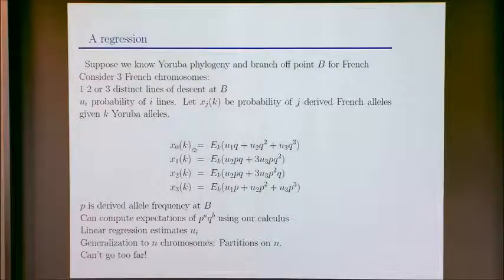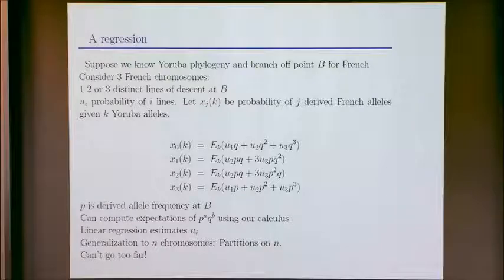And so you can just write down some trivial equations here, and you see that this joint allele spectrum for French and for French conditioned on the Yoruba is just these expectations, where the U's are independent of K, right? And you've got these P's that you don't know, but where the dependence on K comes in. But the P can be calculated using exactly the calculus that we have. Right?